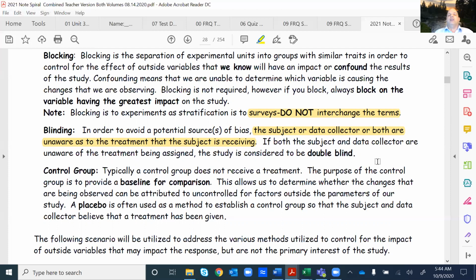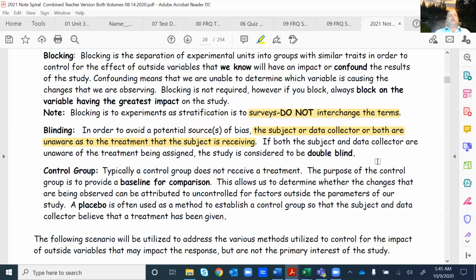So in that case, the data collector was blind, but the subject was not. And we can think of lots of instances where the data collector is not blind and the subject is. The data collector very well may know the treatment that's being given to the subject.